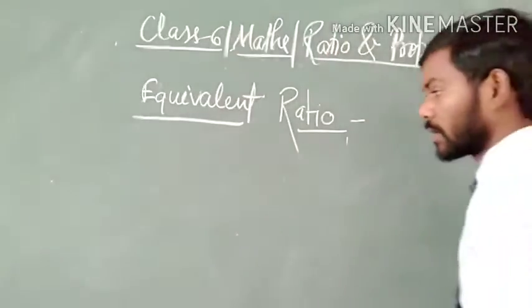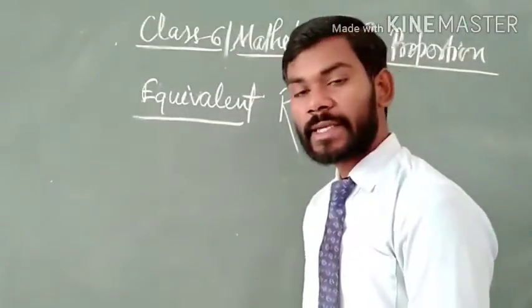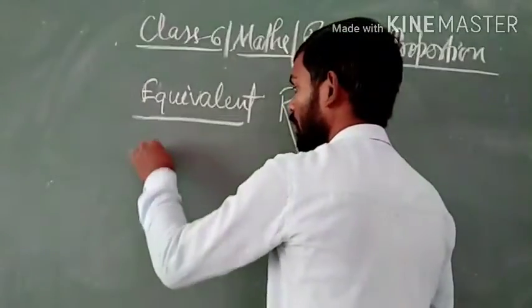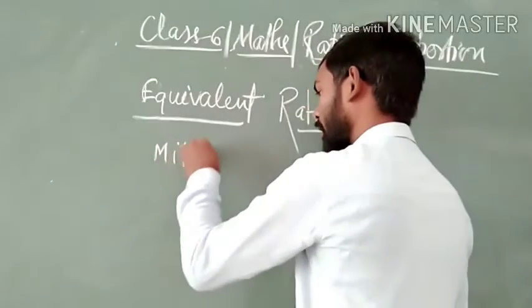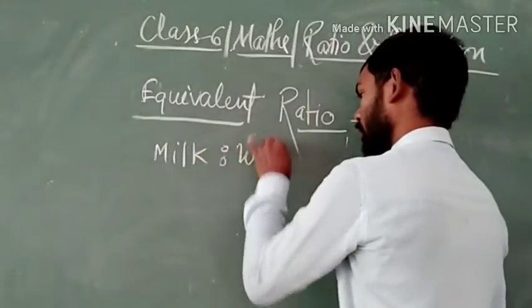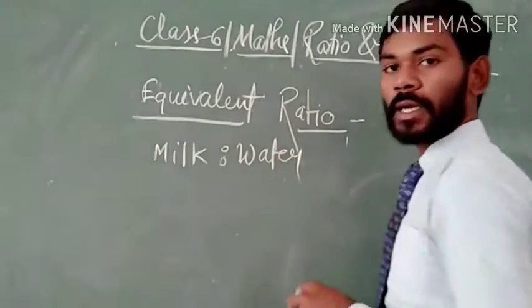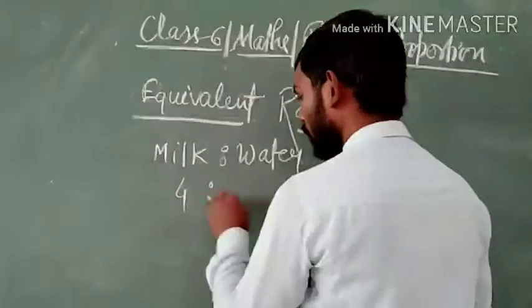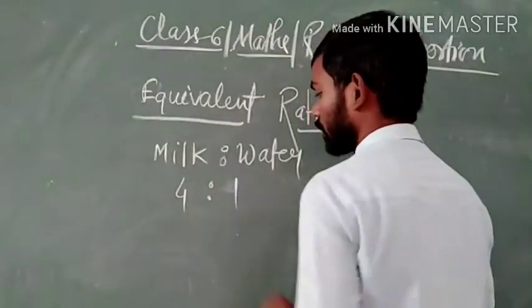Just suppose that the ratio of milk and water is 4 ratio 1.